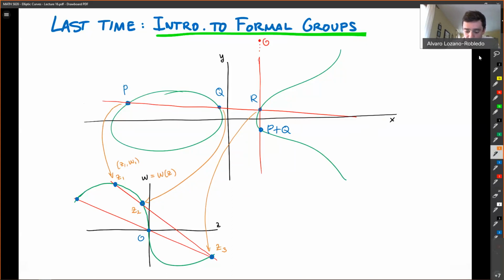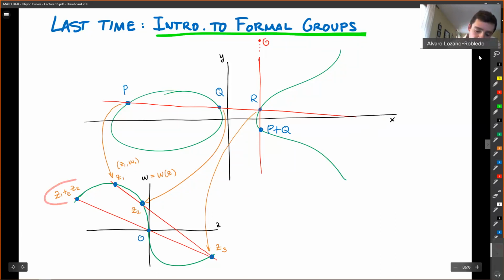So if you reflect with respect to O, taking the line through O, I'm going to find here what I'm going to call z1 plus addition on E, z2. Okay, and that is what we're after. We're after doing addition formally on these z values, which eventually are going to be elements of the maximal ideal of a complete ring. And that's precisely what we were after.